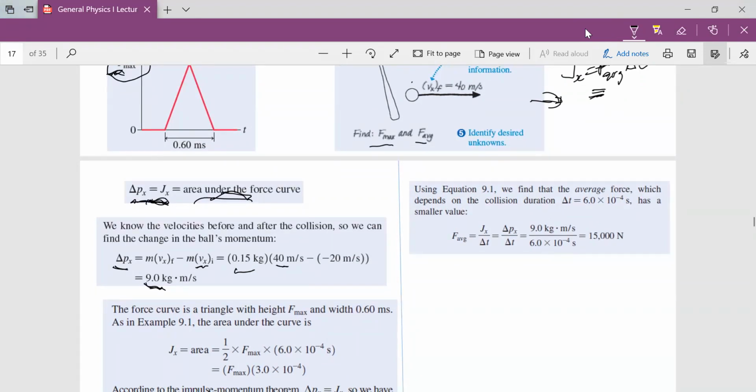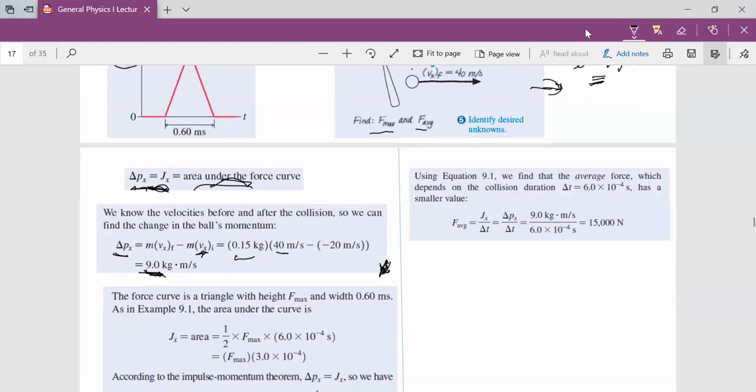Remember the value of the initial velocity is negative, so minus will make it plus. And that's how we got 9.0 kilogram meter per second. This is what happened in the very last exercise that we did. That is why the answer was F, because the initial velocity was actually negative. So by the time we substituted into the equation, it gave us two minuses and brought in the plus.